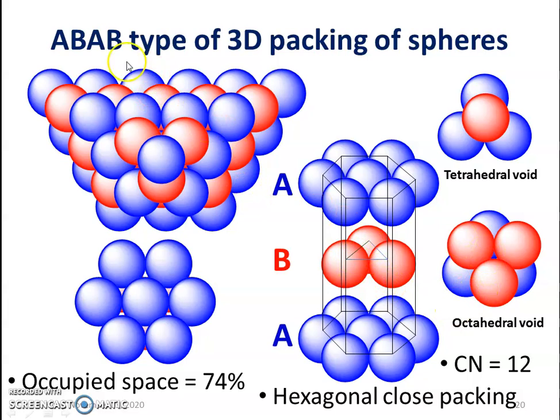So remember, the AB type of three-dimensional packing results in the formation of hexagonal close packing, and 74% of the space is occupied. In detail about the tetrahedral and octahedral voids we will discuss in the next slide.